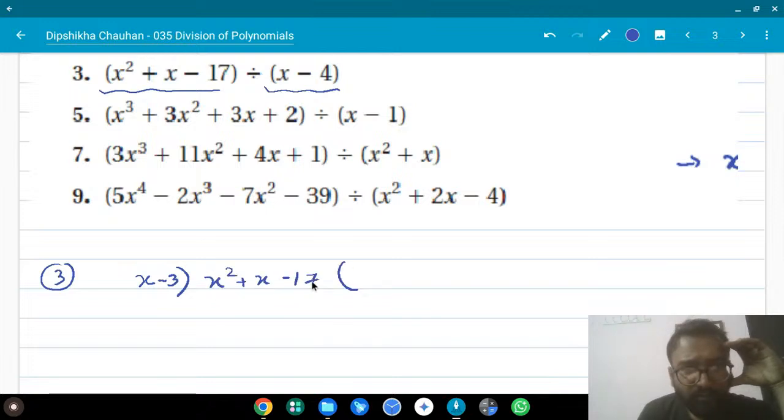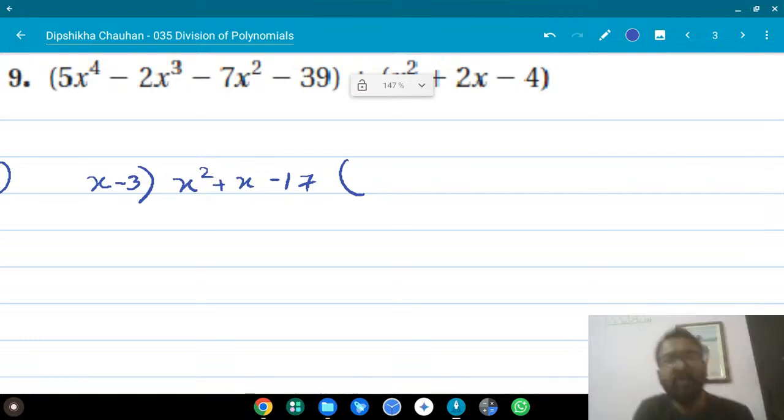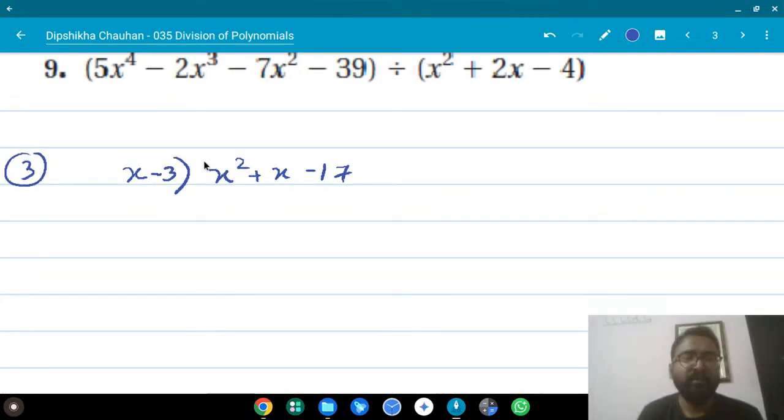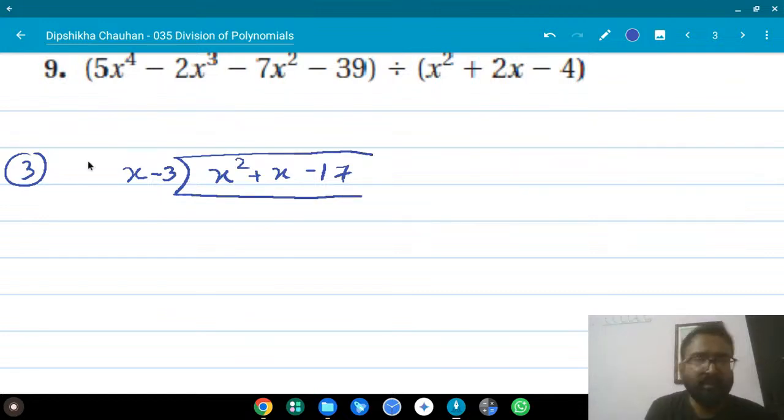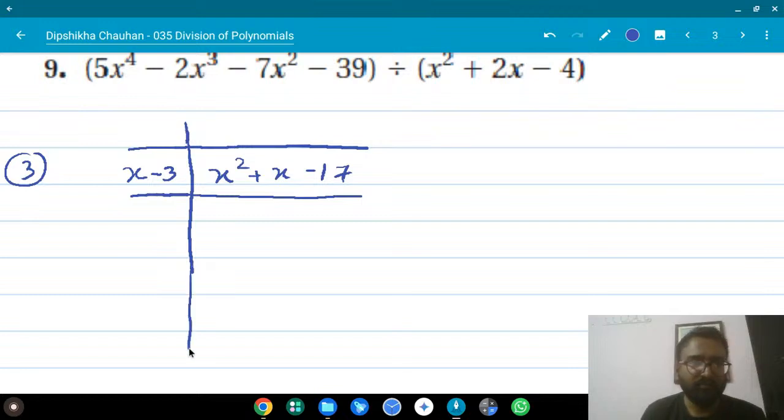Of course I am doing a different representation, so some people can also write it like this, with the quotient on the top. They will not write it here. Now see, x square is here. Can you see the first term?